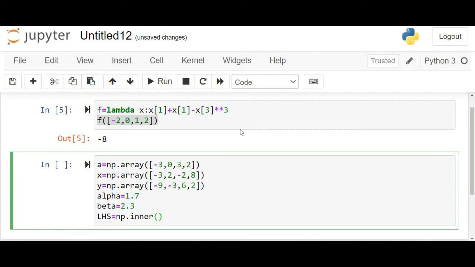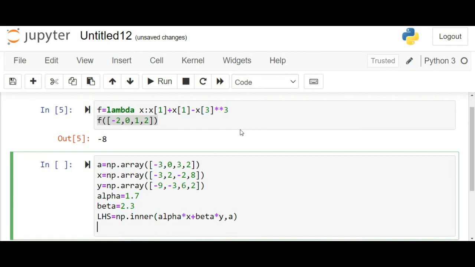Inside the parenthesis we shall write alpha multiplied by x plus beta multiplied by y, comma a. Okay, and after that we will write the right hand side.